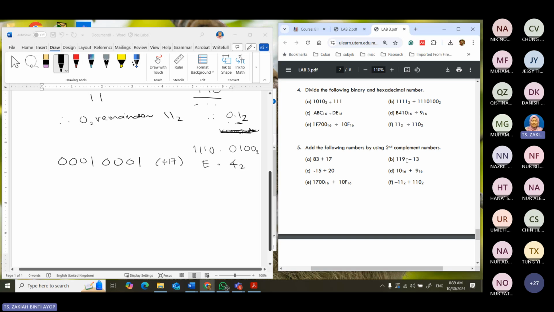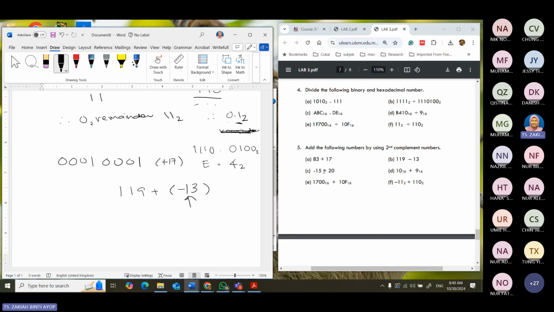Okay, question B, 119 minus 13. Now, this is where you see a subtract, right? So then, negative 13. So now we will do the operation 119 plus negative 13. So negative 13 here needs to be converted to 2's complement.